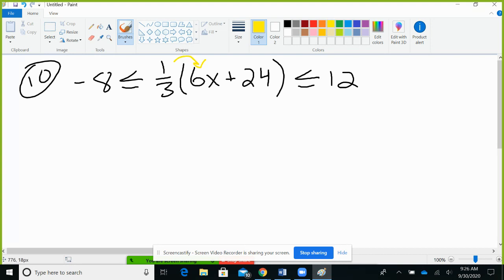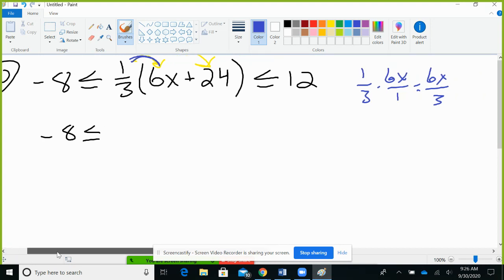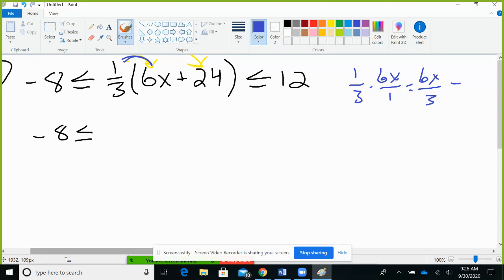Distributive property. So I'm going to distribute this 1/3 through the problem. So I get -8 is less than or equal to, and then 1/3 times 6x equals 6x over 3, which equals 2x.